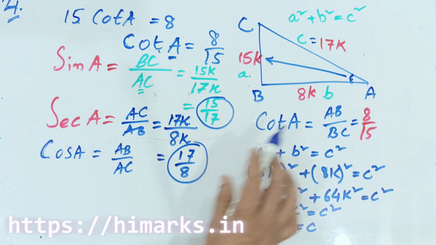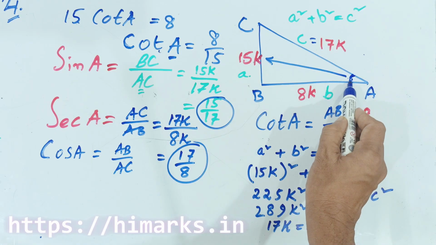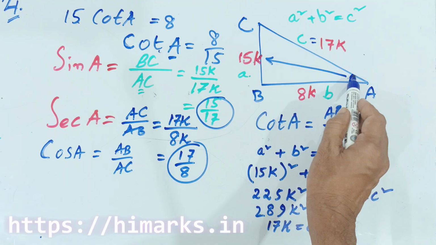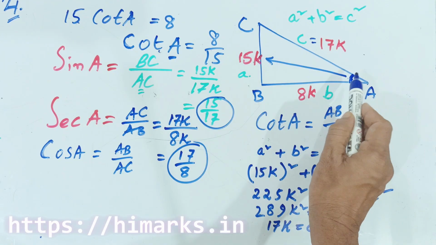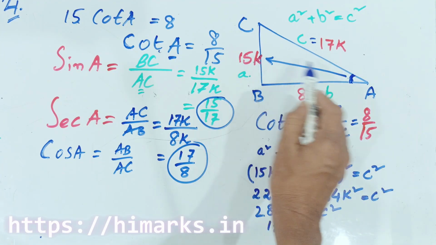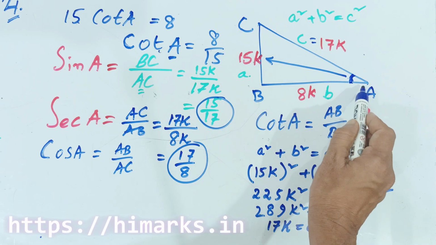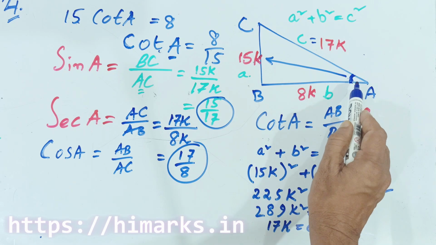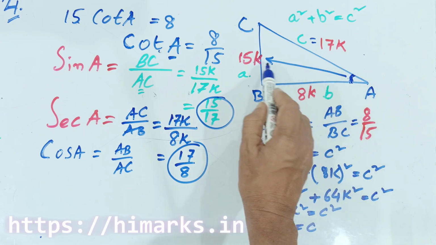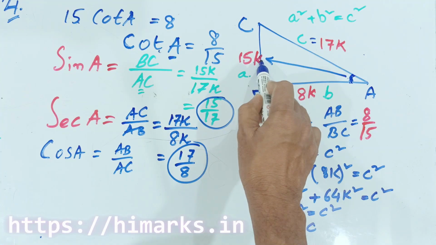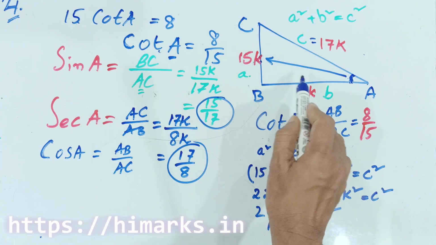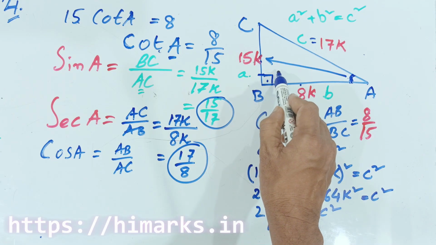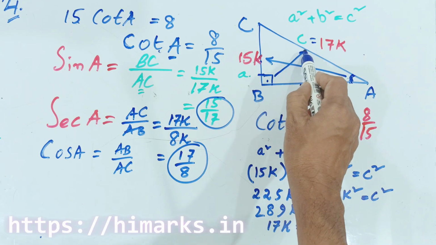Those ratios you figure out with respect to A. If it is A, this is A. In some problems you will get it with respect to C. Always remember, the side opposite to the given angle A is the height, and the other will be the base. Opposite to the 90 degree angle is the hypotenuse.